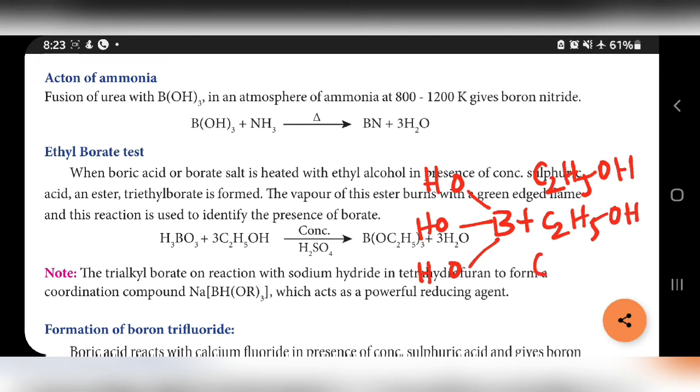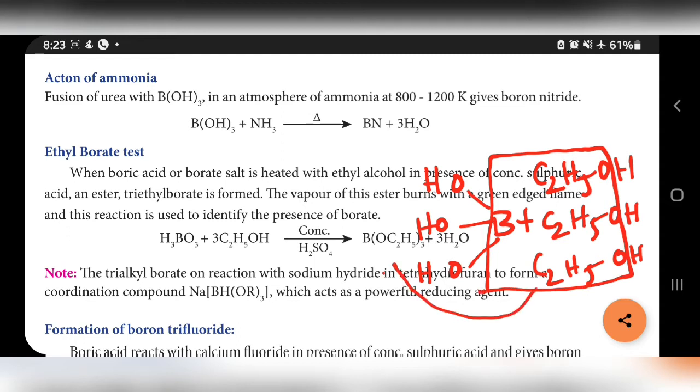This boron takes 3 OC2H5 group, means it forms B(OC2H5)3, that is triethyl borate.